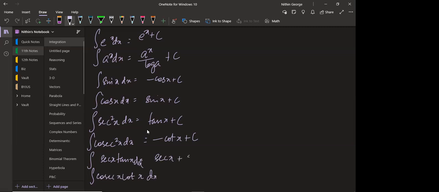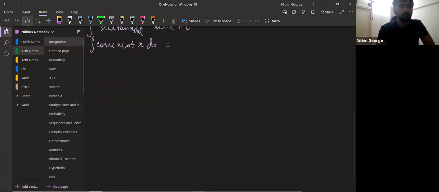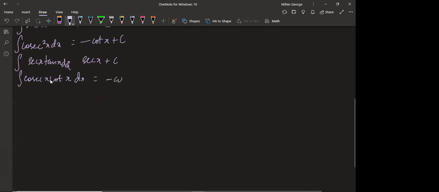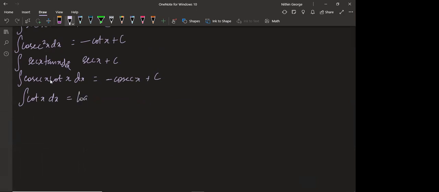Sec x plus c. Correct. And this one, cosec x cot x: minus cosec x. Okay. Then integral cot x dx. It will be minus cosec square x, no. Log mod sin x.